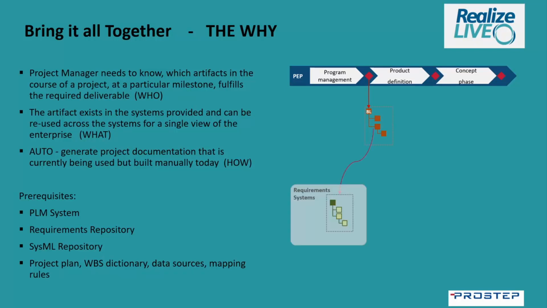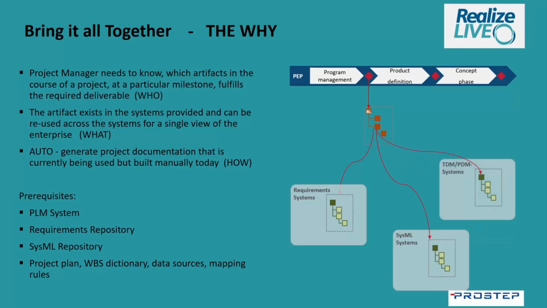Now, what we're doing is marrying the information, from an example here, from requirements into this baseline, also marrying the status of where we are in our SysML to this baseline, and also potentially marrying your CAD and your engineering BOM into the same baseline. So now this provides traceability across these particular systems in this example.